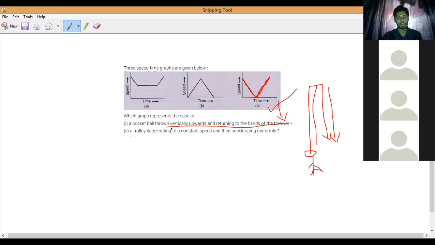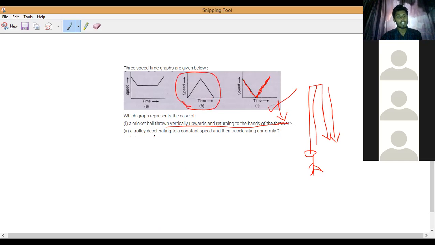Understanding? Next, the second one: a trolley decelerating to a constant speed and then accelerating uniformly. The speed of the trolley decreases, understanding. Then, sir, graph A. Why can't it be graph B? Because in graph B it is increasing and decreasing.